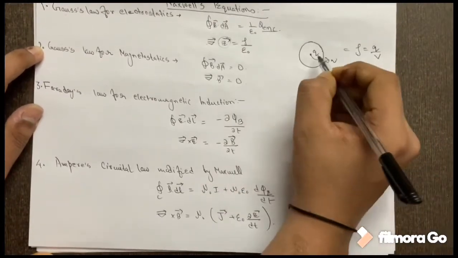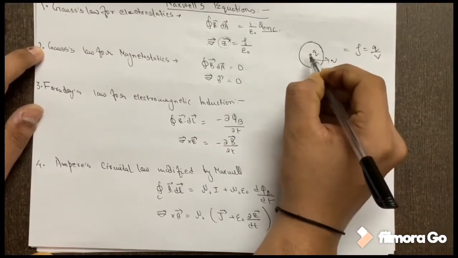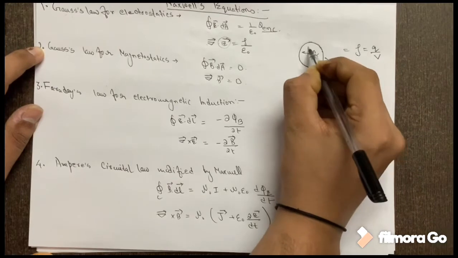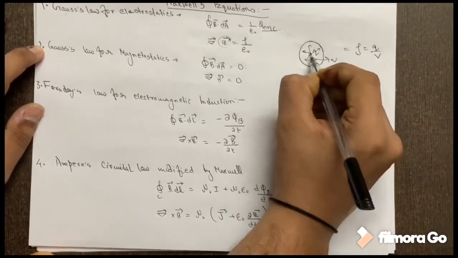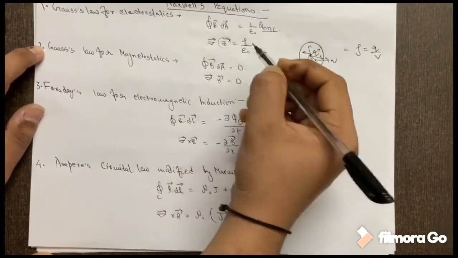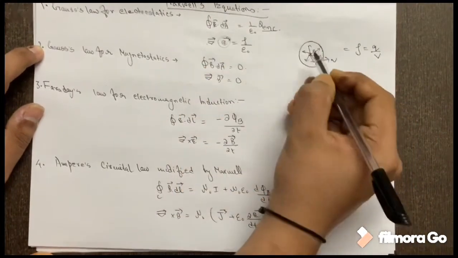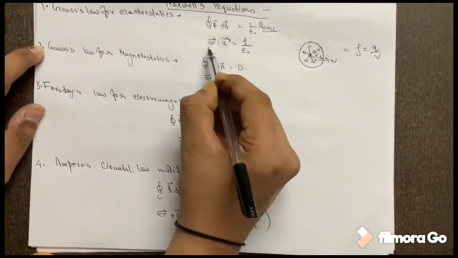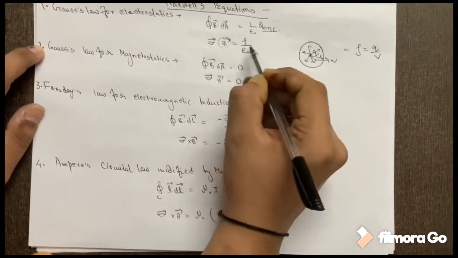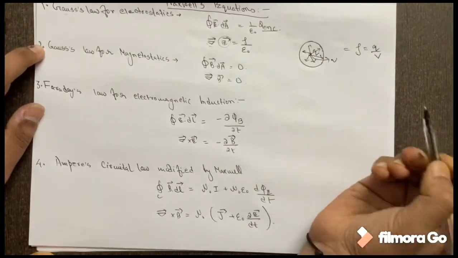As we can see, this charge will emit these electric fields, and on increasing the charge, the electric field lines will increase, thus the divergence through this surface will increase. Therefore we can say that the divergence through the surface is directly proportional to the charge density of this volume.